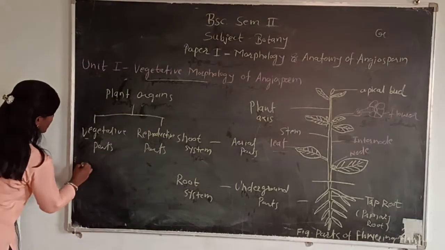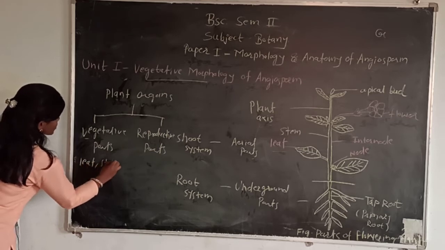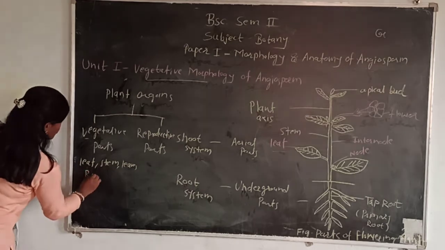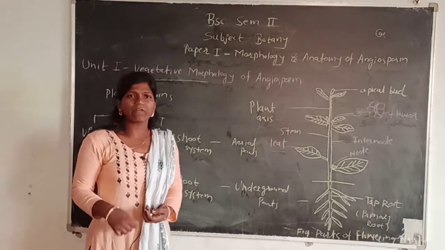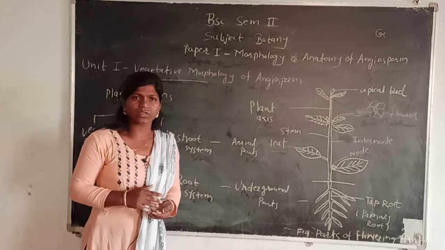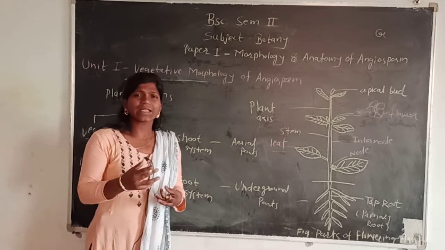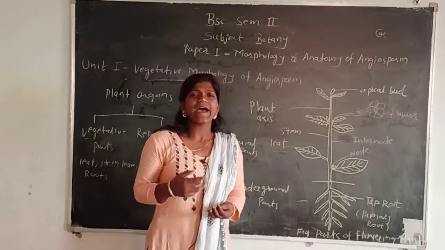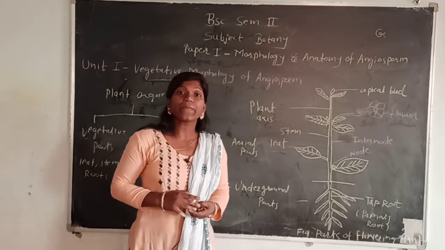What are examples of vegetative parts? Leaf, stem and roots. These are the vegetative parts of the plant. Why are they called vegetative parts? Because they perform vegetative functions. What are vegetative functions? They fix the plant in the soil, absorb water, provide nourishment, and are responsible for growth and maintenance of the plant body.